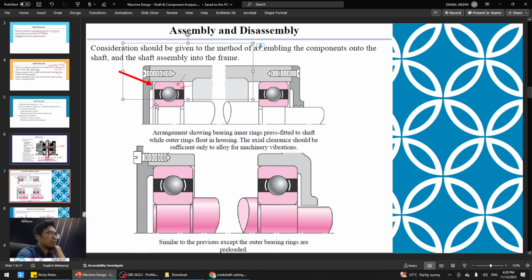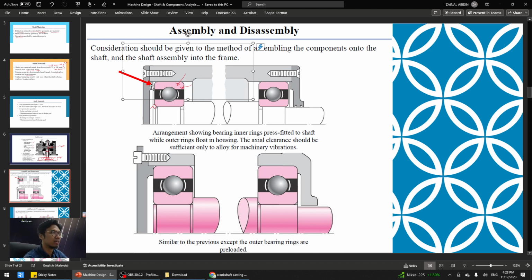Dia membuatkan inner bearing tu bagus berada dekat hole, dekat shaft awak, tetapi dekat outer bearing shell, luar tu, dia undercut. Maksudnya dia ada gap dekat housing tu, so dia akan floating lah, dia akan bergerak-gerak, shaft awak akan bergerak-gerak ni bila awak menggunakan dia.